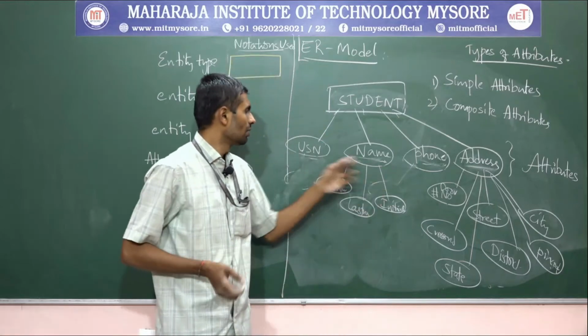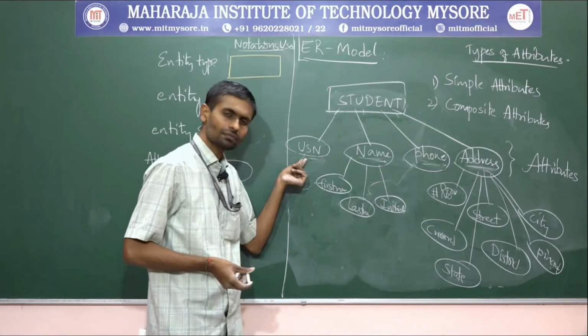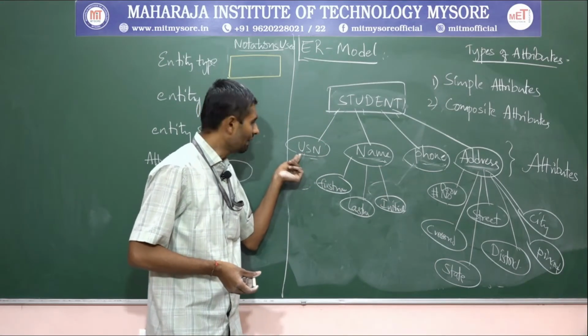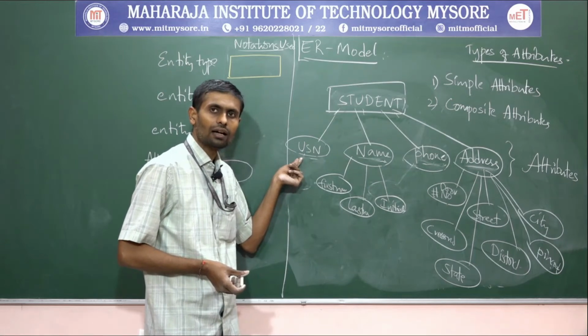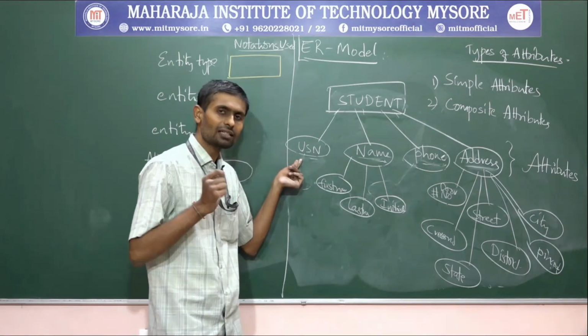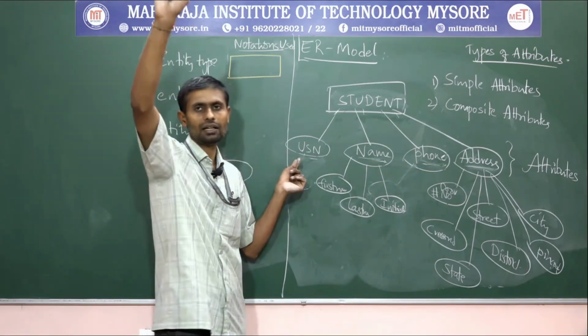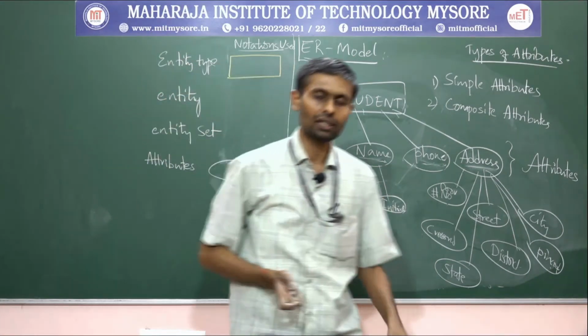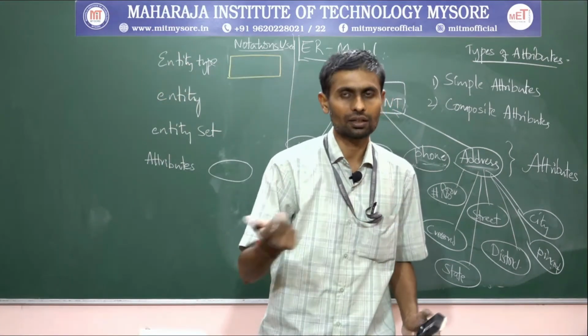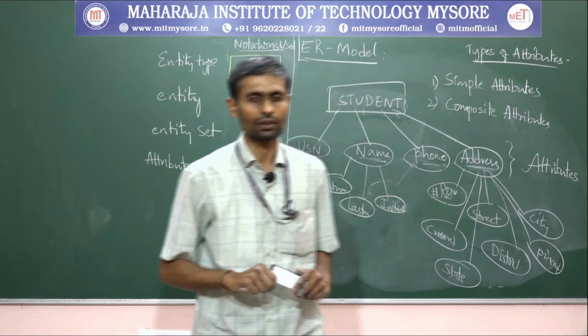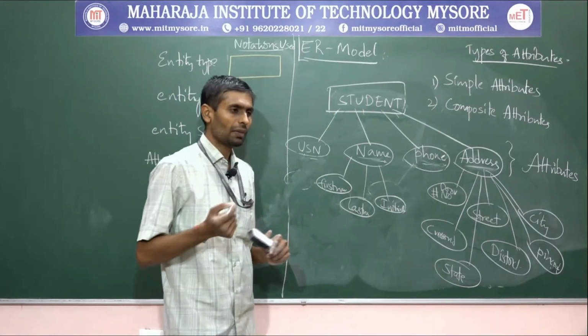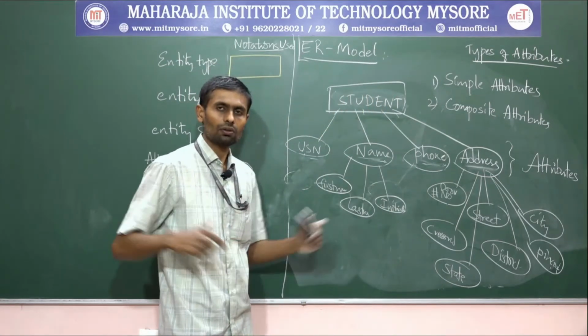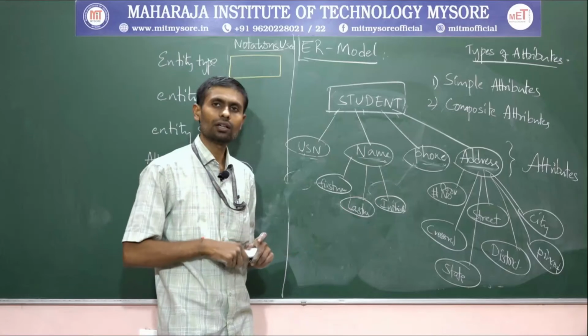So let's assume we are having a USN. When I say the USN, only one person will raise their hand, right? With the help of this USN, I can easily identify each student in the class or in a branch. The university makes use of the same thing to identify students out of plenty of students from different colleges.